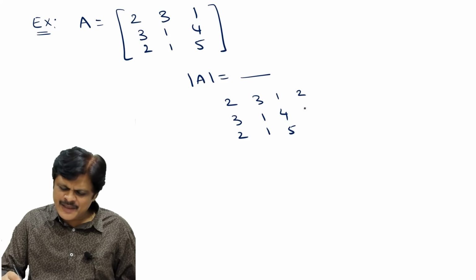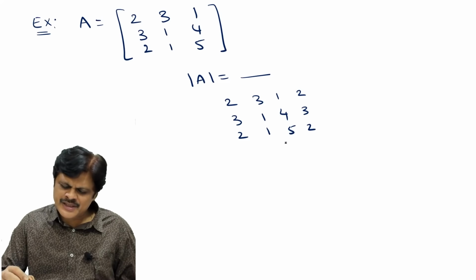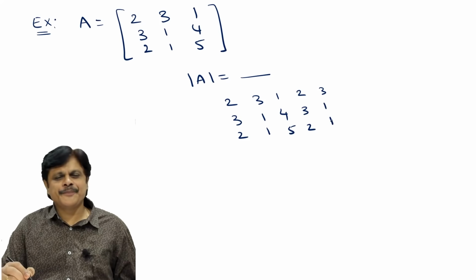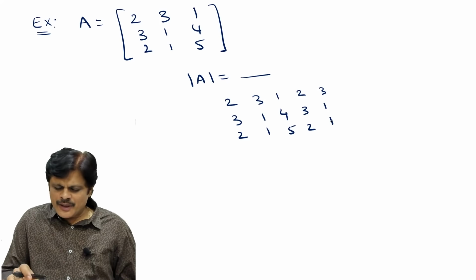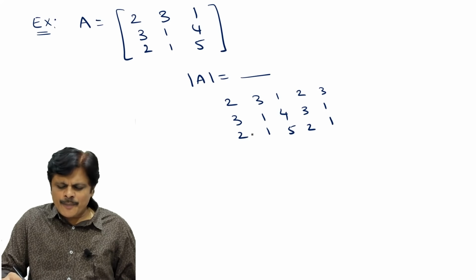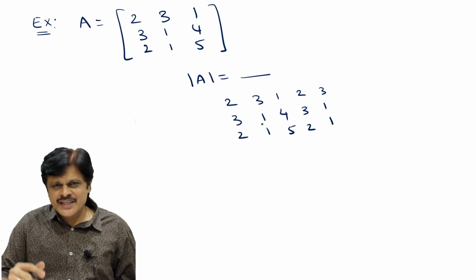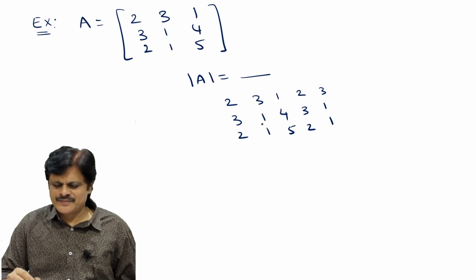What is the first column? Repeat it again: 2, 3, 2. The second column: 3, 1, 1. There is a variation that I will also discuss. This is one variation: given a matrix, copy the first two columns and paste them after the third column.